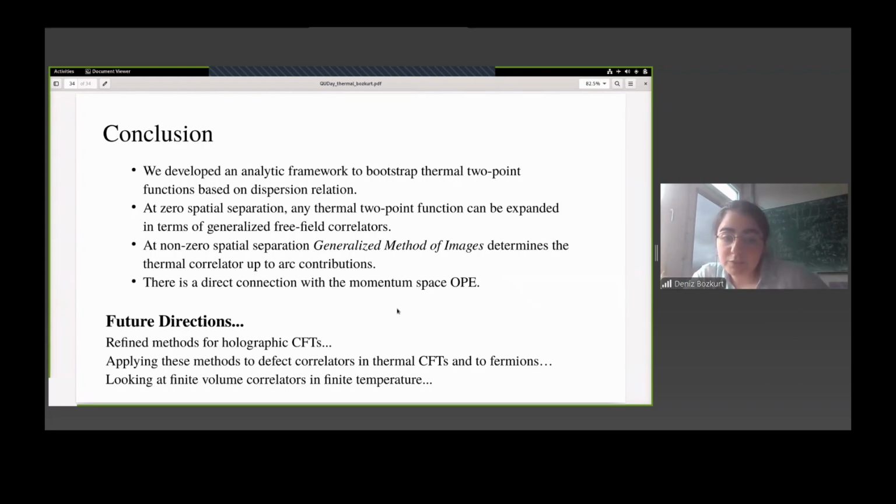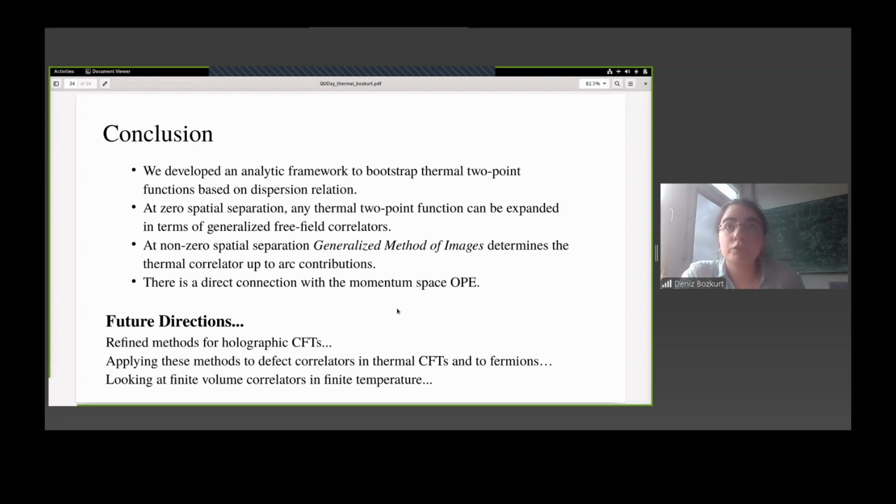For future directions, there are many interesting directions to go. Of course, one of them is to refine or apply this formalism to holographic settings, and see what we can compute from the boundary point of view in terms of the correlators using this formalism.